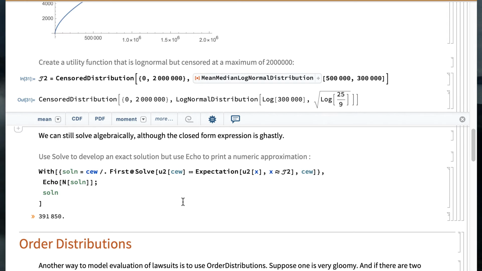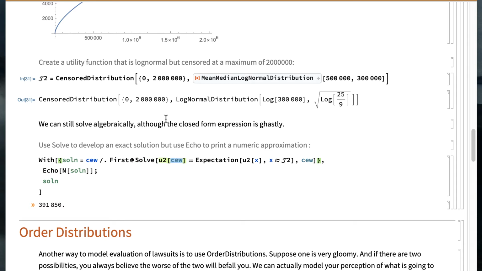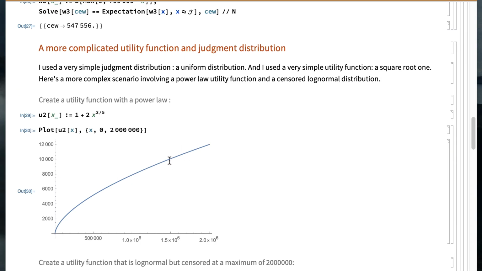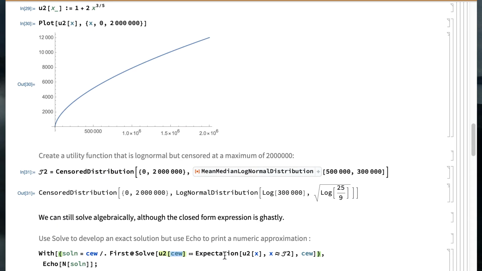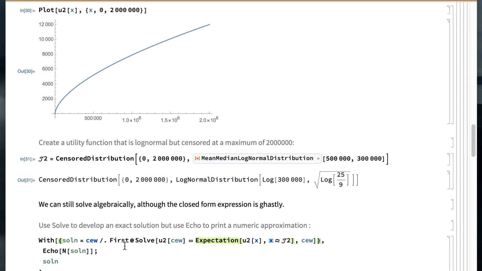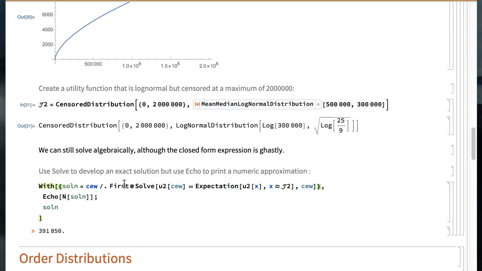All right, let's now do the same calculation. We're going to find out for what level of wealth the utility under U2 would be equal to the expected utility, same utility function, with the judgment distributed according to this censored distribution. And I'm going to ask it to do some algebra here.